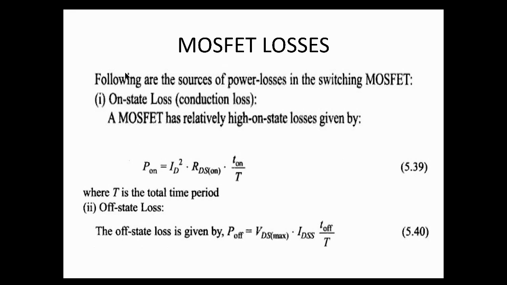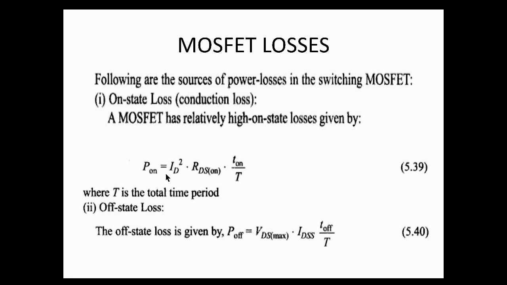The MOSFET loss. We can have our on-state loss. Remember at the beginning, I showed you a diagram of the switch, and the switch goes from on to off, and the kind of losses that you can have associated with it. So we can have on-state loss, which we call the conduction loss.